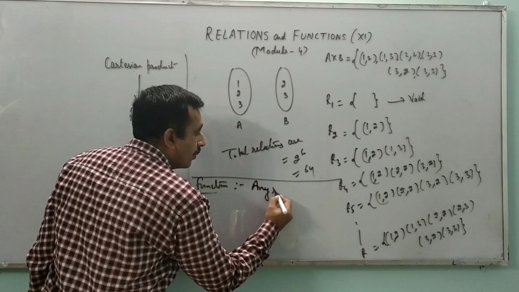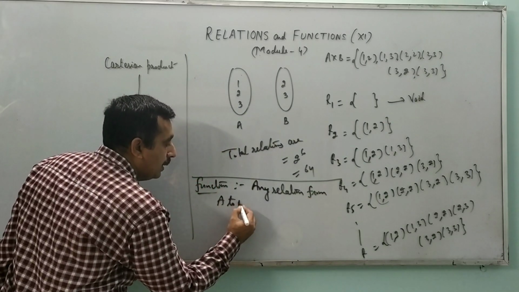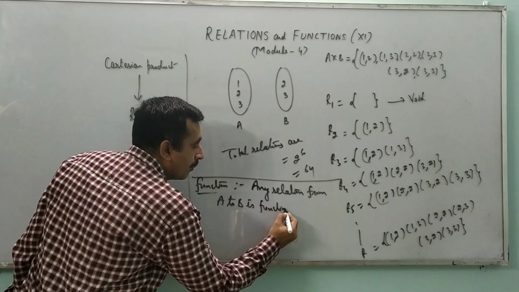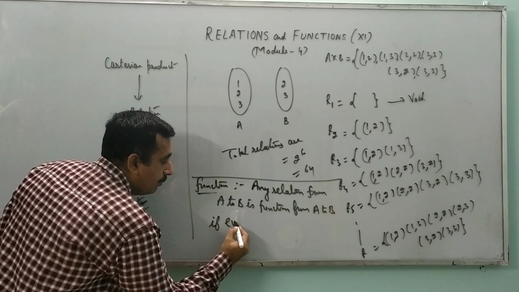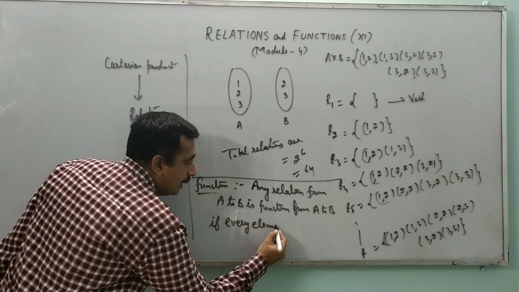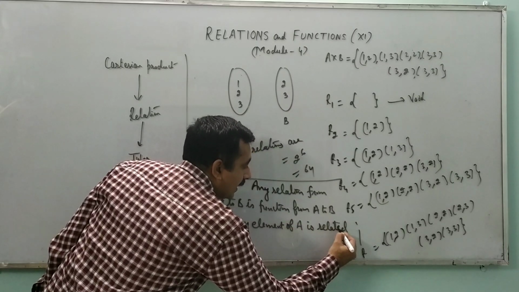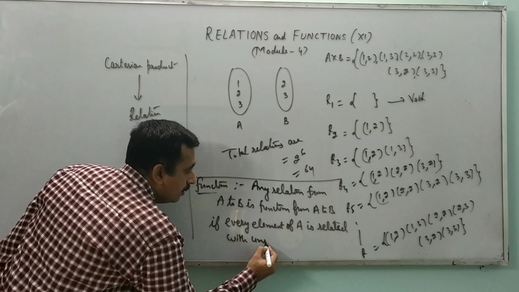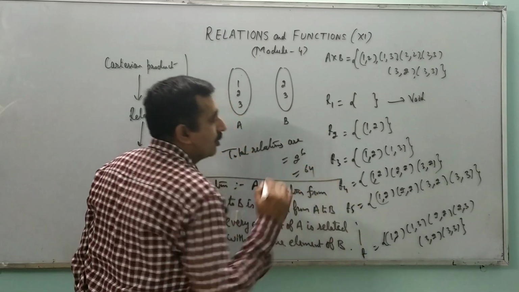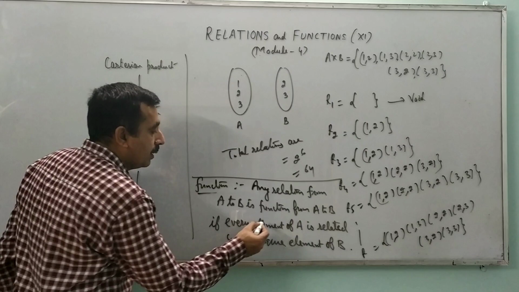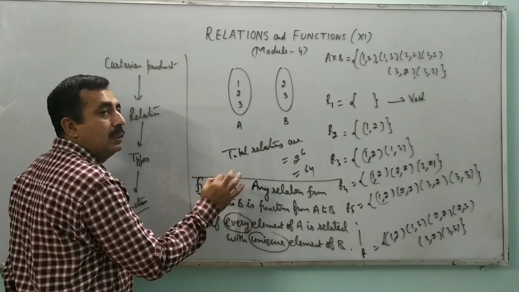Any relation from A to B is a function if every element of A is related with a unique element of B. Two words are important: every, unique. Function is a particular type of relation.